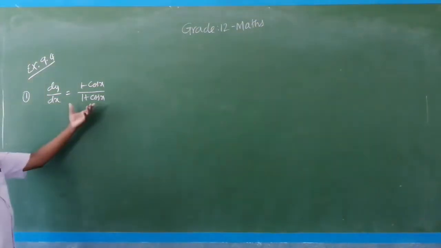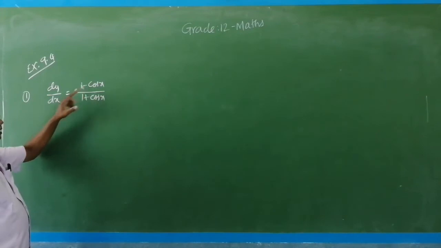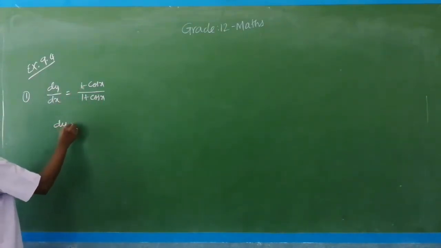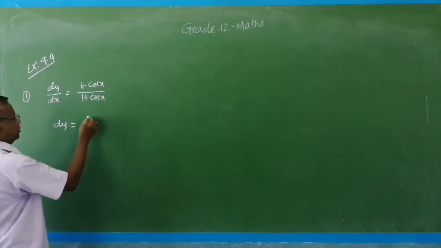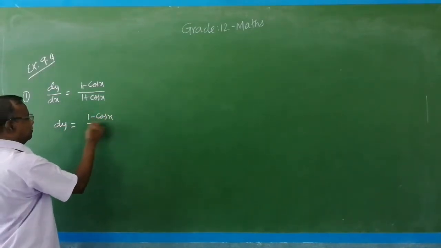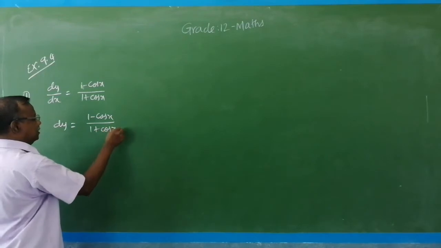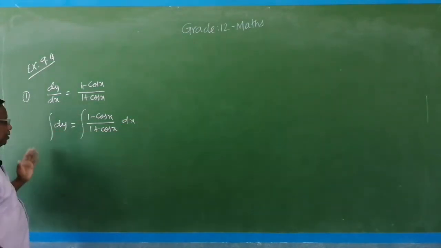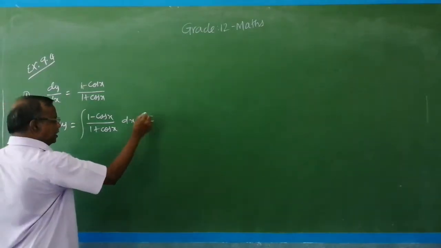Already we have functions of x on the RHS, so bring the dx towards that side. So we can rewrite the equation as dy equal to 1 minus cos x divided by 1 plus cos x into dx. At this stage you start integrating both sides and put one arbitrary constant plus c on the right side.